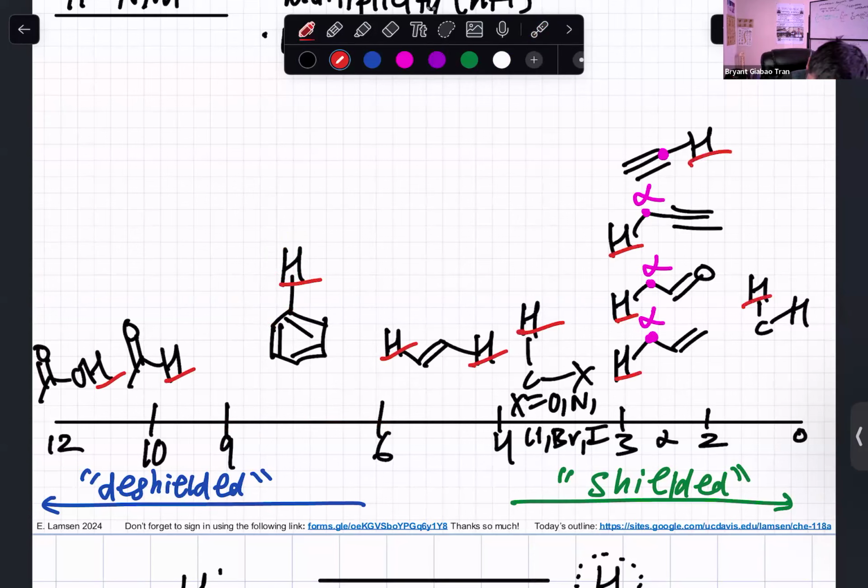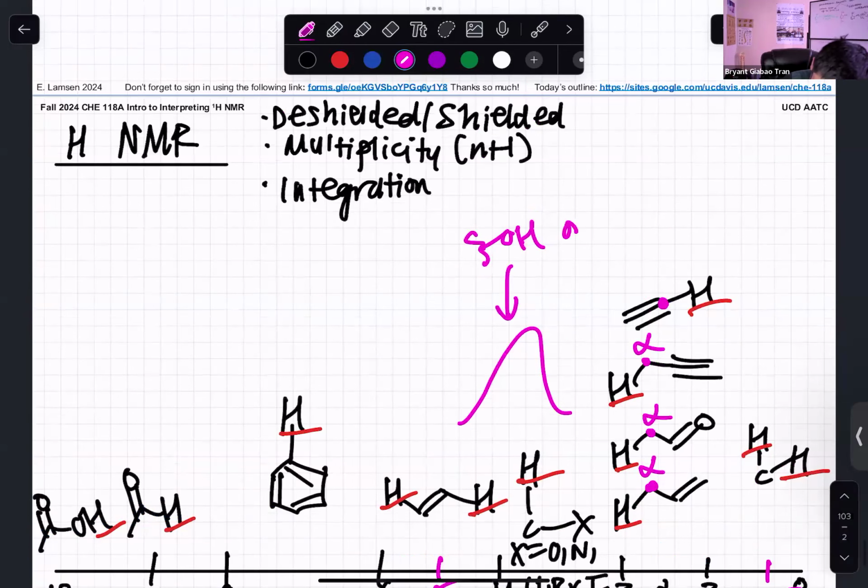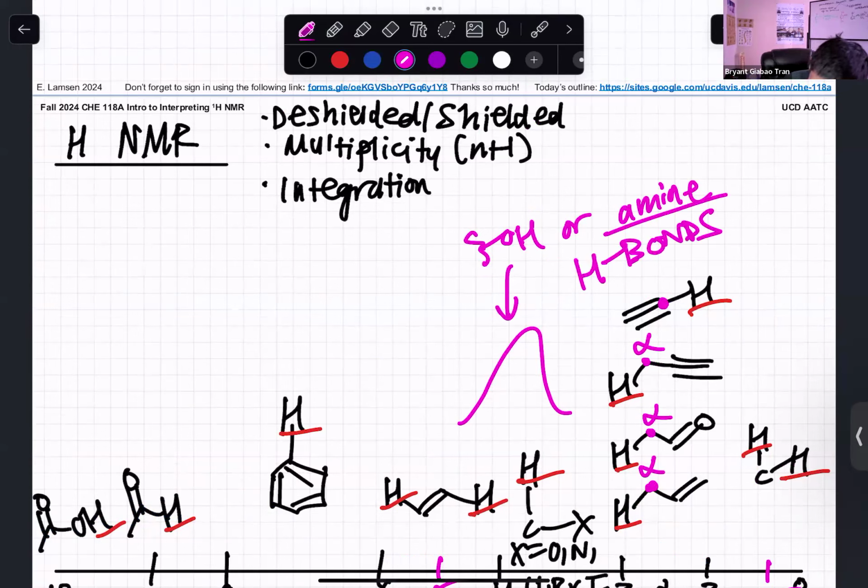Now, if you see a peak around 0.5 to, let's say, 5, and you see it as a broad peak like that, usually around 4 to 5, then that broad peak is most likely going to represent an alcohol or an amine. And this amine here could be primary or secondary, most likely secondary, with a hydrogen. And that peak is broad because it has H bonds. Most peaks in the HNMR will be sharp like that.